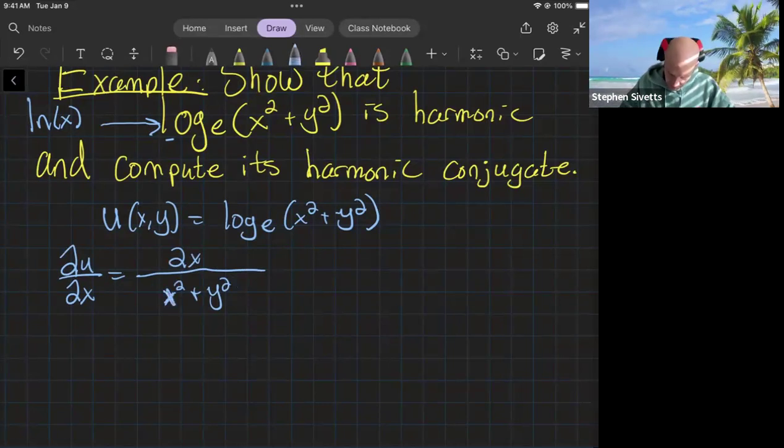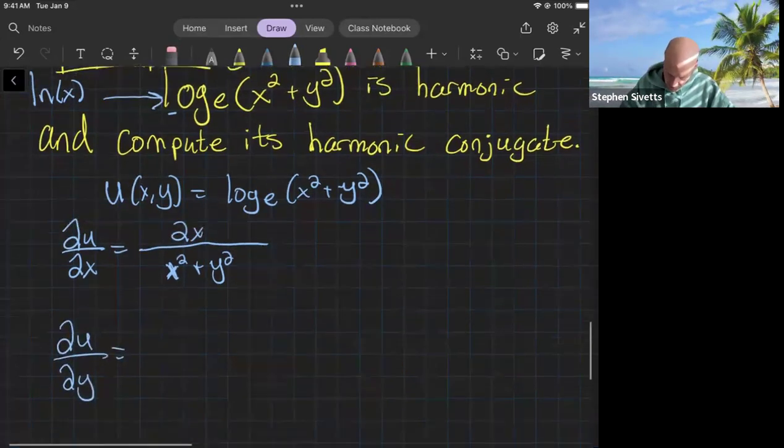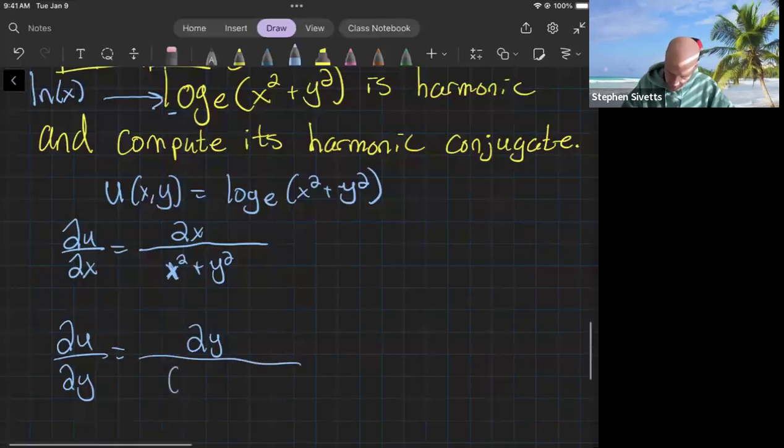Likewise, the partial of u with respect to y should be the same, but with the y's: 2y divided by x squared plus y squared.